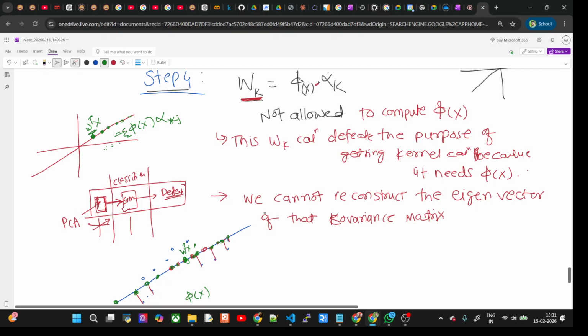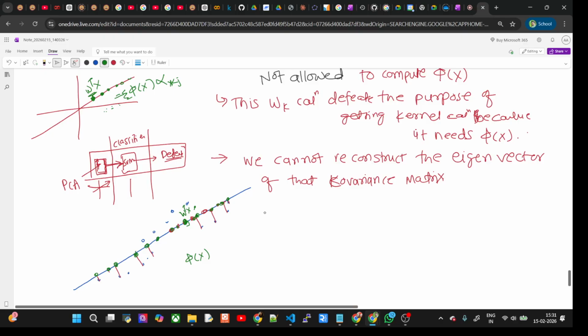Okay, so now you are taking this phi transpose of xi into wk.